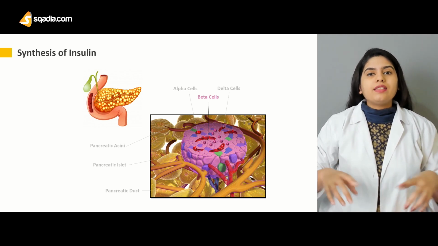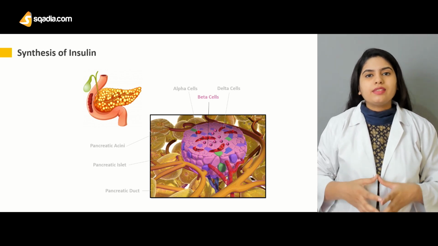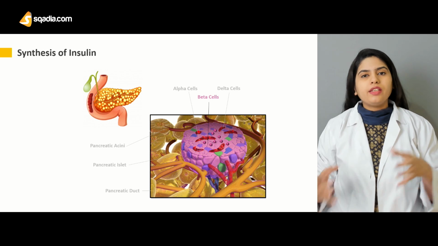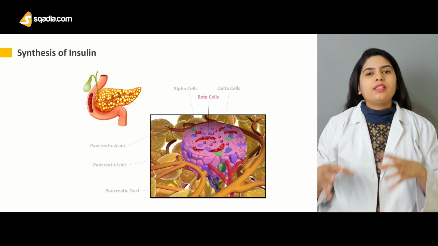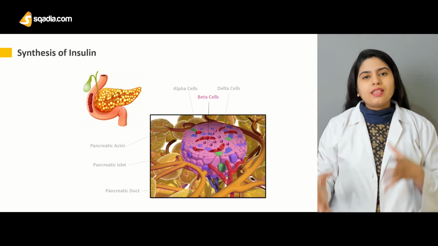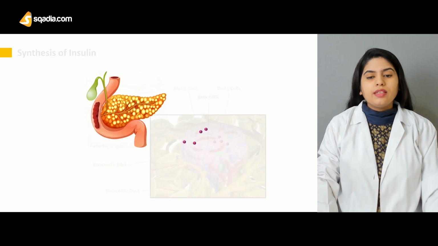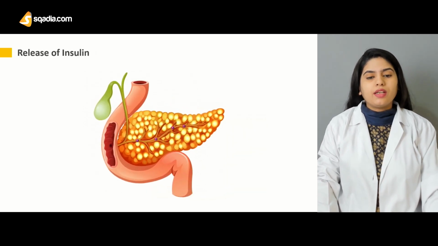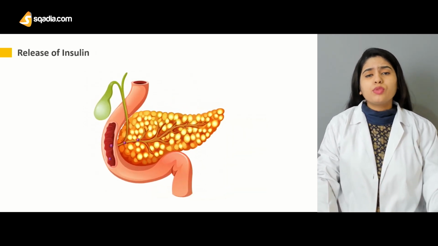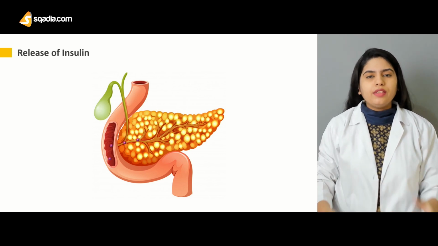Insulin is synthesized inside the granules and it is released in the form of granules, and these granules then carry insulin to the blood. When it is synthesized in the beta cells in the form of granules, it is carried to the pancreatic duct into the duodenum, and from the duodenum it then enters the blood circulation.